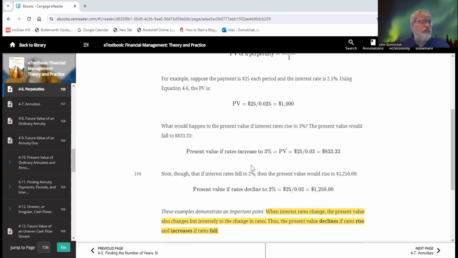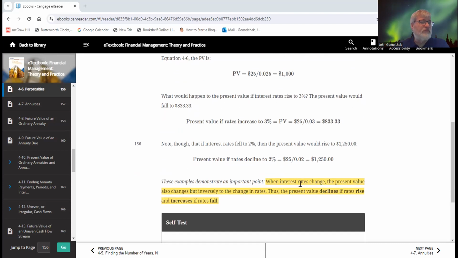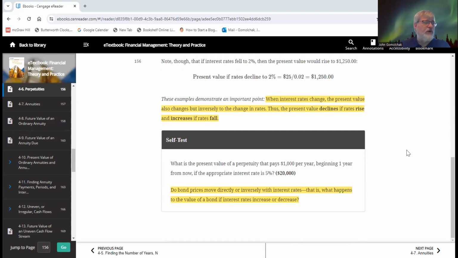However, if interest rates were to go to 2%, then the present value would go to $1,250. So when the interest rate changes, the present value also changes, but inversely to the change in the rates. Thus, the present value declines if rates rise and will increase if rates fall.